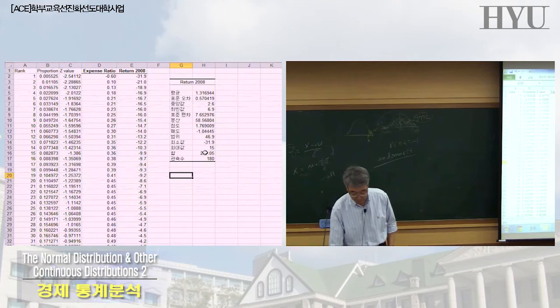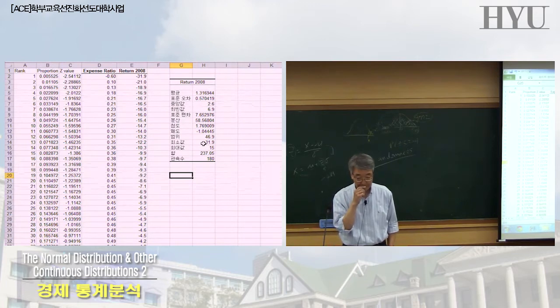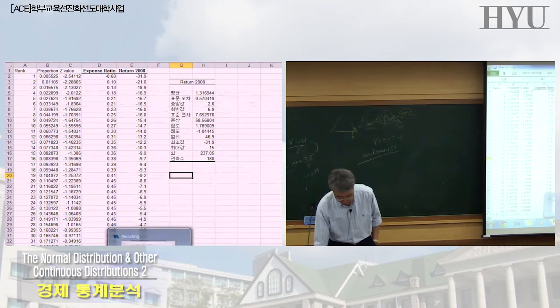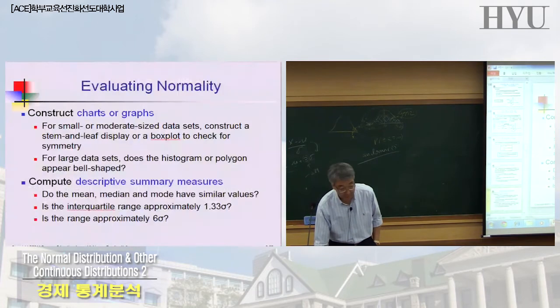And the range is about 46, 47, right? So, yeah, it doesn't really fit the normal distribution criterion, okay? You understand what I'm doing, right? Okay, good. So you can check the descriptive summary measures to see these facts.